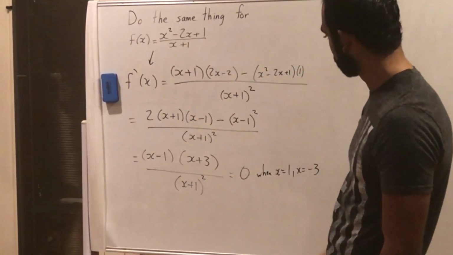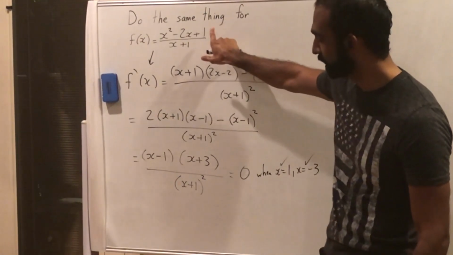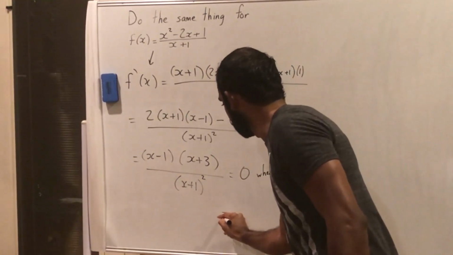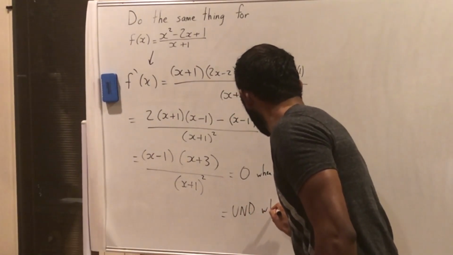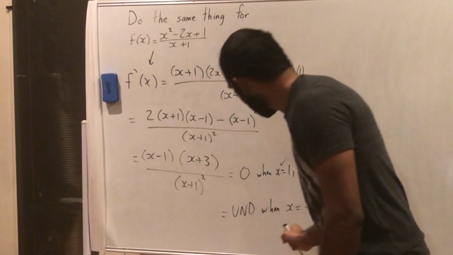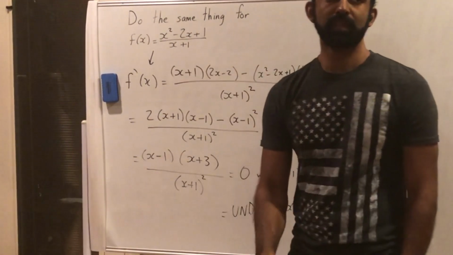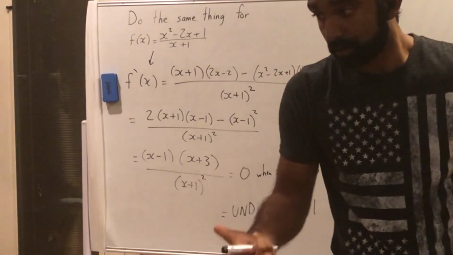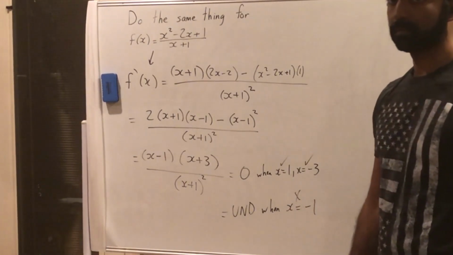So they're good. These are both critical numbers. Check, check. How about if I set this equal to undefined? This is undefined when x is negative 1. Is negative 1 defined in the original? No. Then because of how I defined a critical number, this does not count as a critical number, yes?